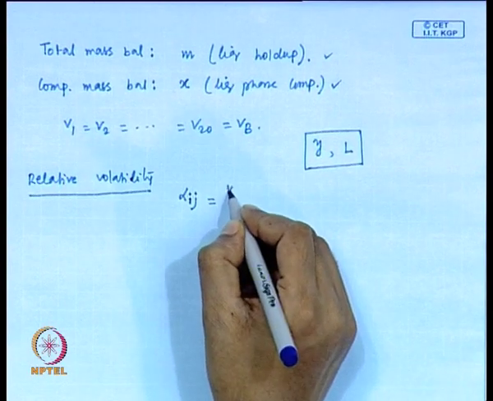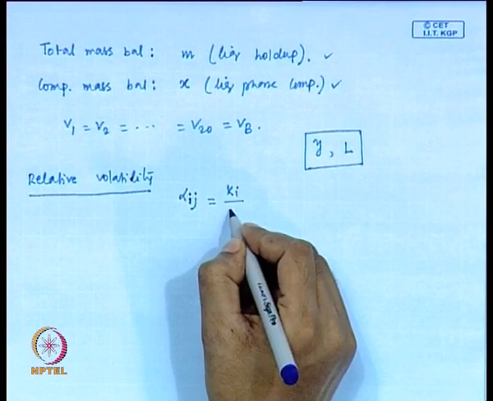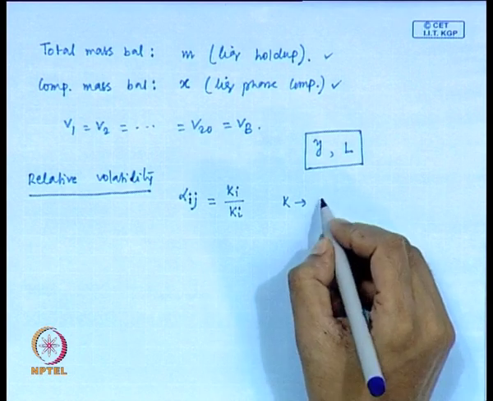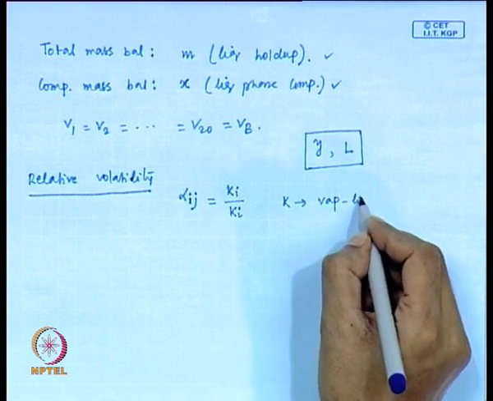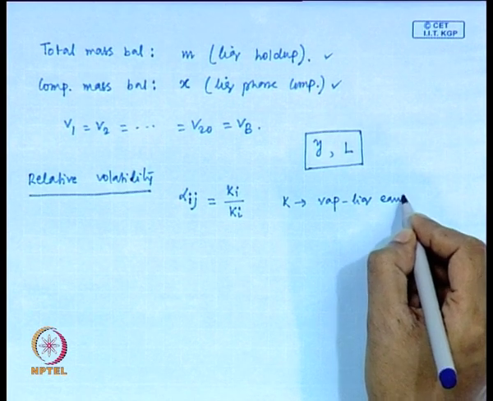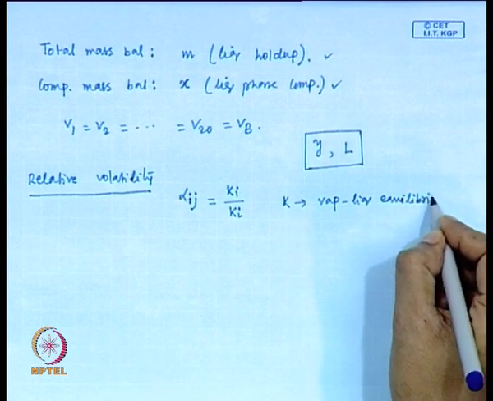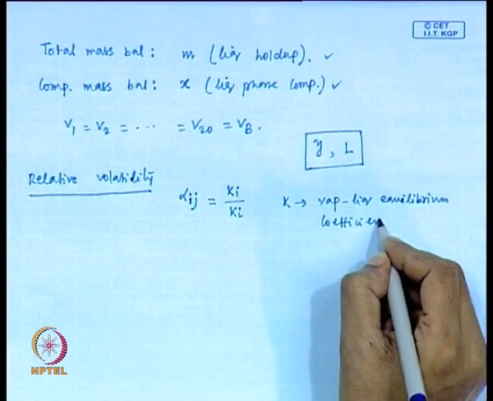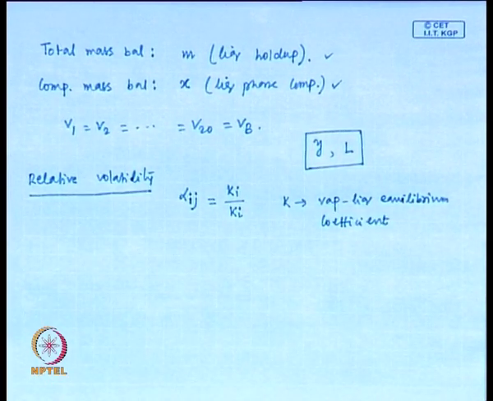Alpha ij is related with K in this way. I mean alpha ij equals to Ki divided by Kj. K is the vapor liquid equilibrium coefficient.